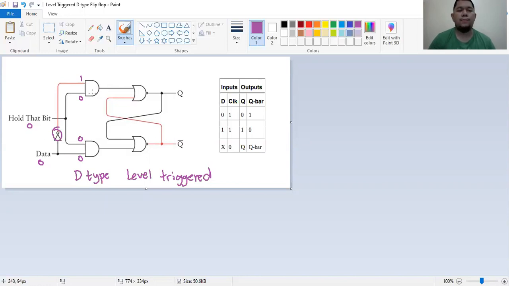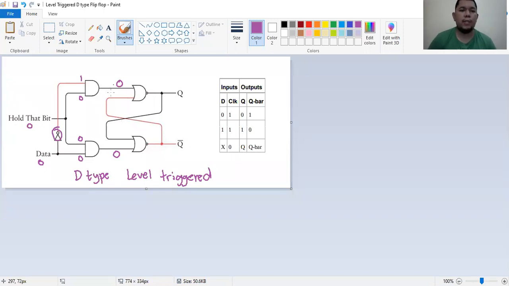So one AND gate is receiving a 1 input, and the other AND gate is receiving a 0 input. So 1 and 0 becomes 0, and 0 and 0 becomes 0. We must remember that.